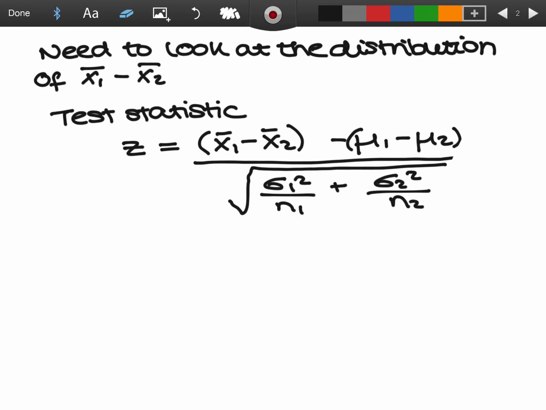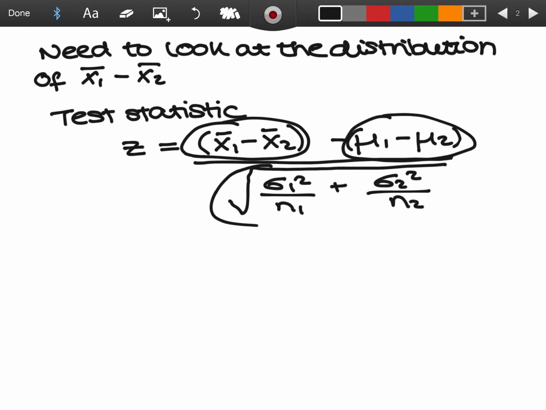So the setup of this test statistic should remind you very much of what we've had before. Whenever we were looking at a test statistic before, we always had, let's say, the sample mean here, and then the population mean here, and then the standard deviation here. So it was always the sample mean minus the population mean divided by the standard deviation of the sample means, which always involves something to do with the sample size. This is very much the same.